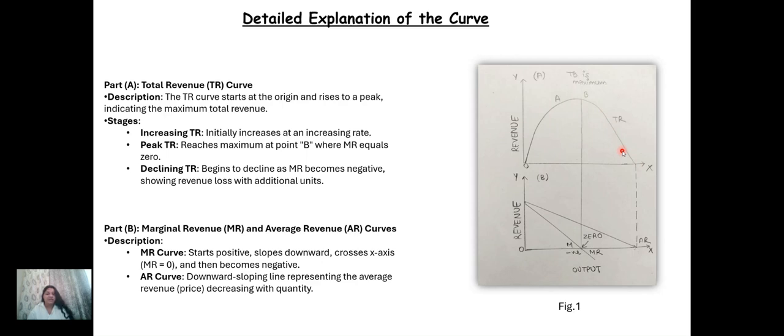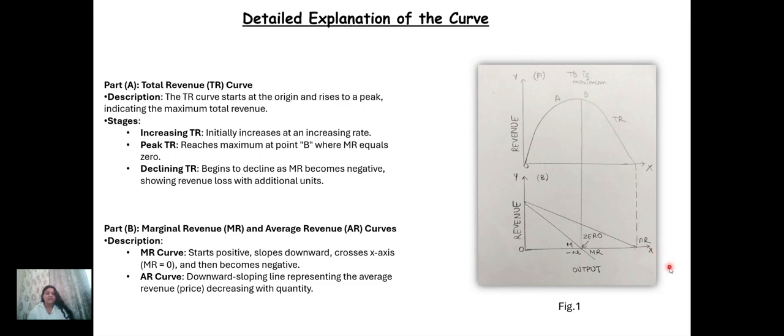In part B, you can see a point from the peak where the line goes in a downward direction as a linear line. This point is marked on the x-axis. This is the zero point where MR equals 0, and the AR curve is also a downward sloping line, shown here with dotted lines.